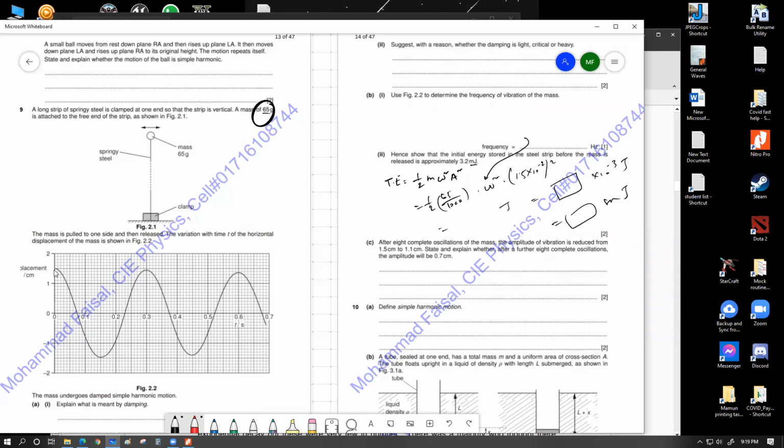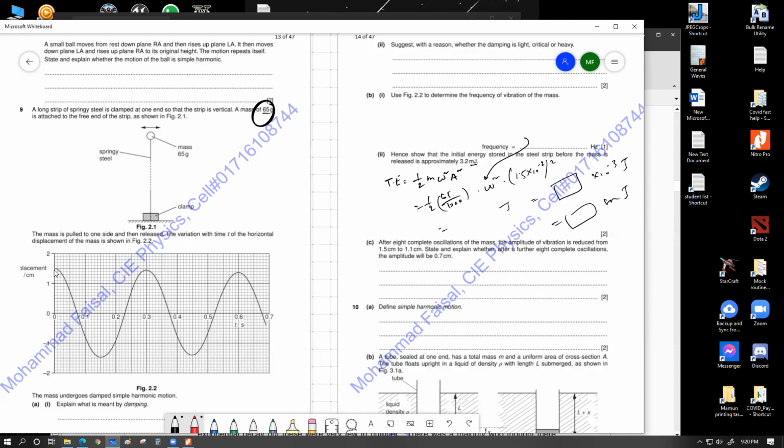In part C, it says after 8 complete oscillations of the mass, the amplitude of vibration is reduced from 1.5 centimeter to 1.1 centimeter. State and explain whether after a further 8 complete oscillations, the amplitude will become 0.7 centimeter. This is one of the conceptual questions that you have to understand.